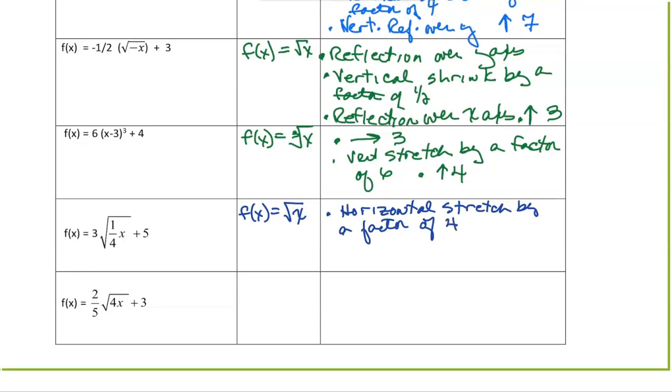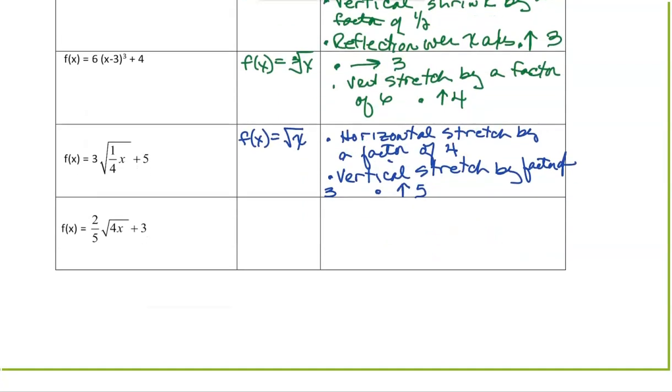So it's 4. Now, we didn't tell you that part of it, so all you have to really say is that you have a horizontal stretch. Okay, then the next thing we have is a vertical stretch by a factor of 3. And then after that, we take the whole function and move it up 5.